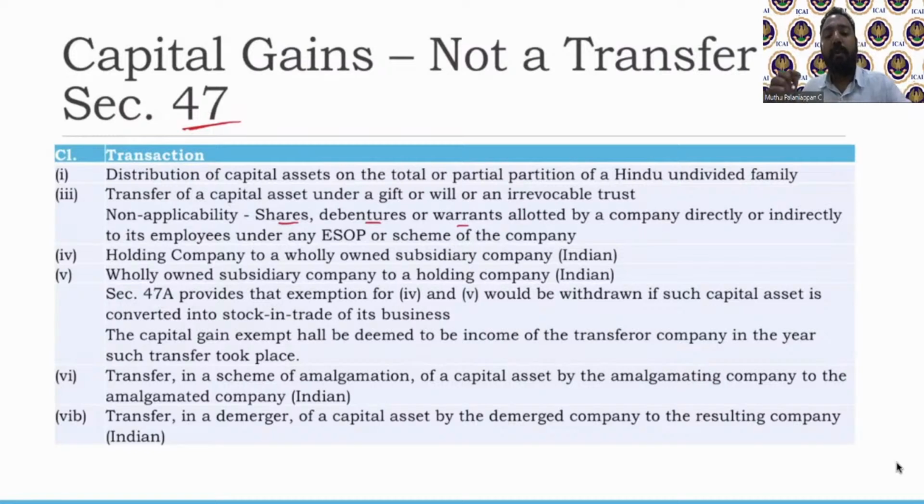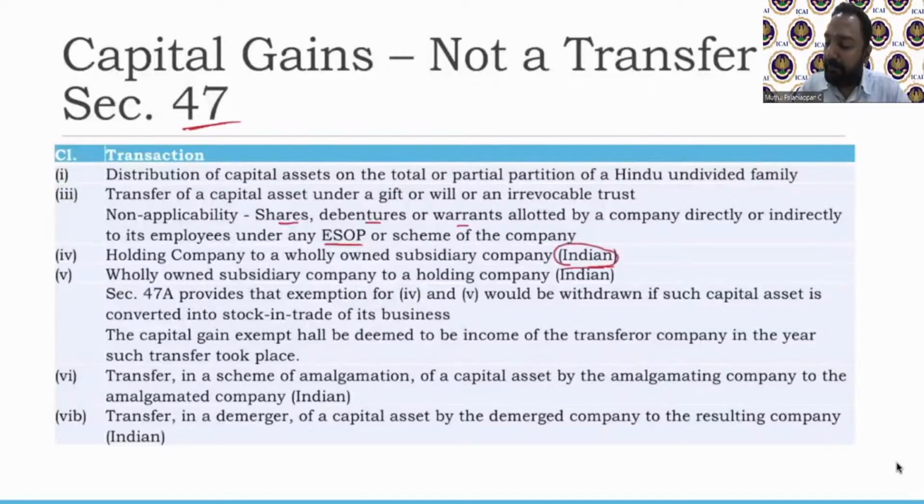So now we are talking about gift or irrevocable trust or something of that kind, but this does not apply to a company transferring shares to the employees of the company in a scheme of ESOP, that is employee stock option. So it's not covered. Okay. So that's an exception to generally gift, will, or succession not being a transfer, but that does not apply to ESOPs.